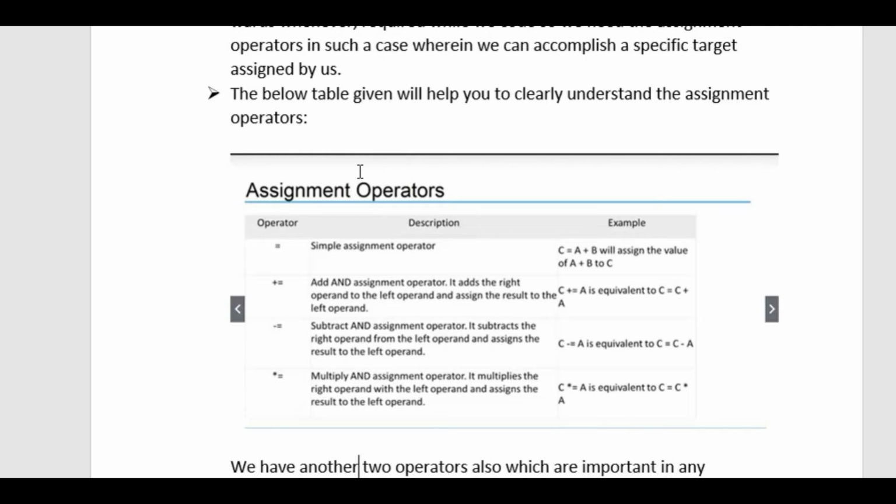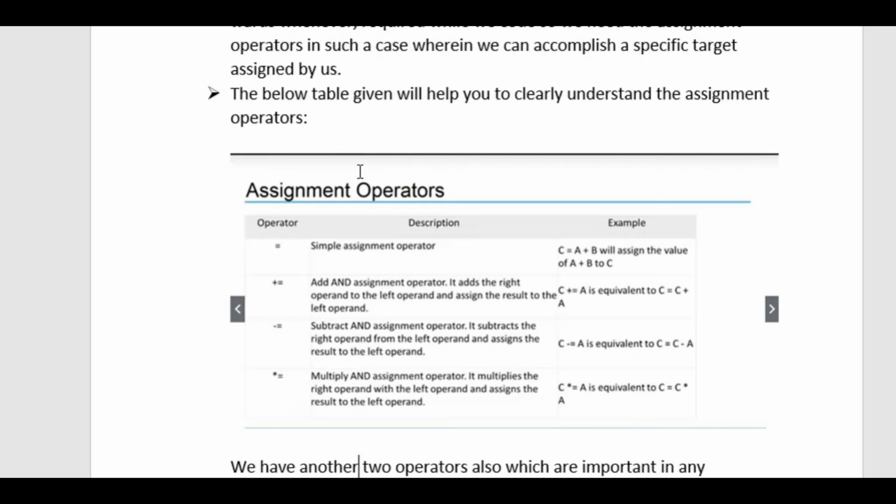Instead of writing C plus A separately, we are going to write it as C plus equals to A. Don't worry, we'll see the applications in the upcoming videos, so stay tuned.